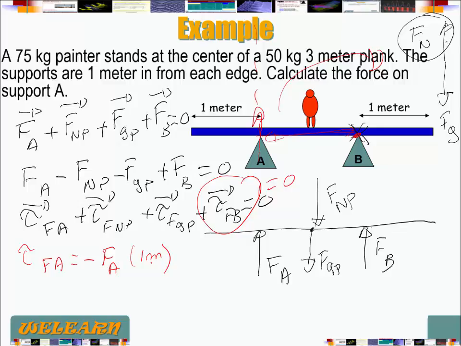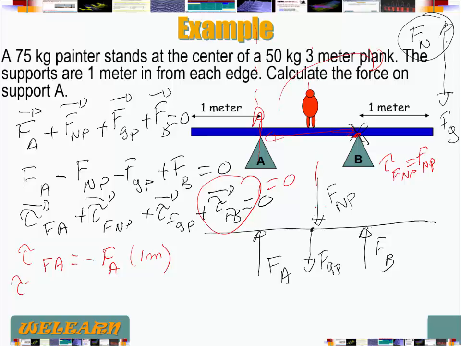Okay. Now what's the torque due to FNP? Torque due to FNP. So it's going to be FNP, which is the mass of the painter times G, times the lever arm.